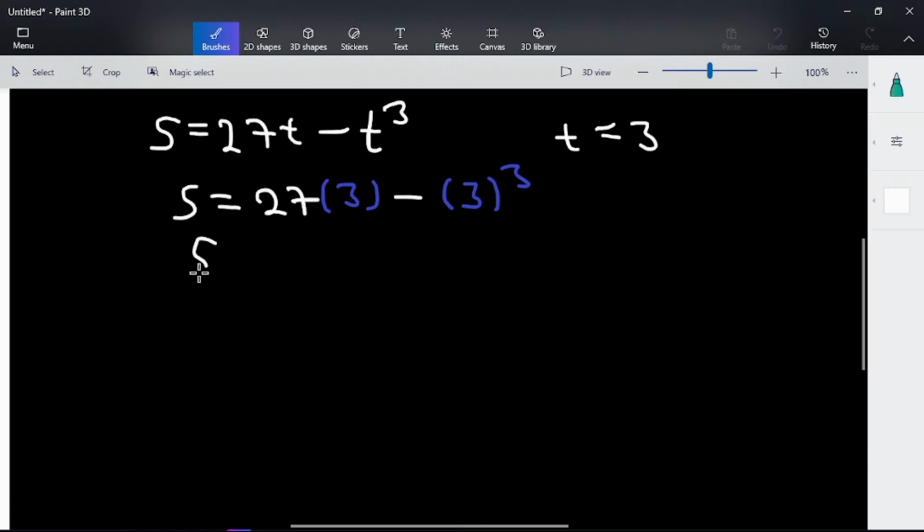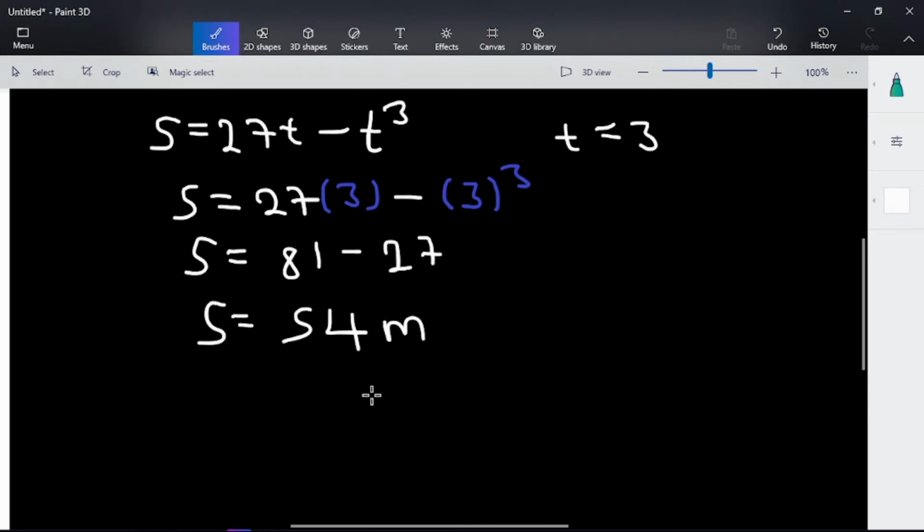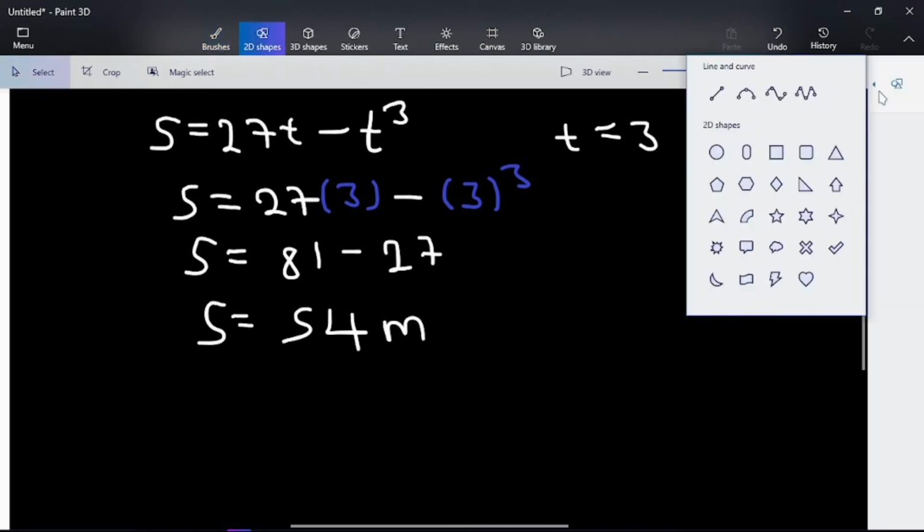So we have S is equal to 27 times 3, that is 81, minus that is 27. So once we subtract, we're going to have S, or displacement, is 54 meters. So that's what we are going to have once we do such a thing.